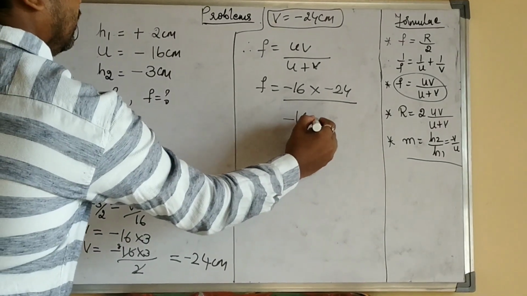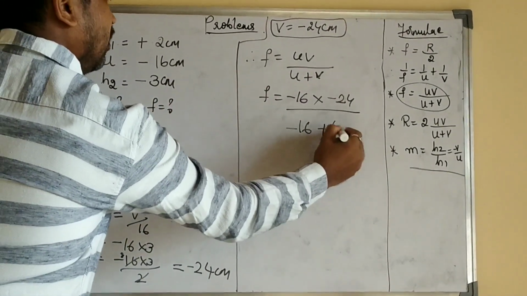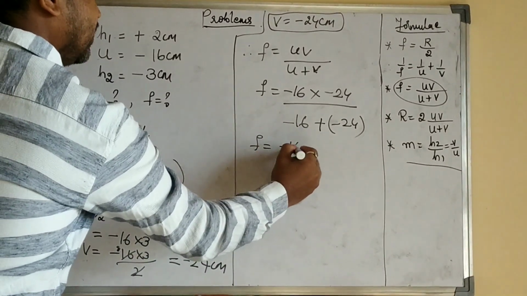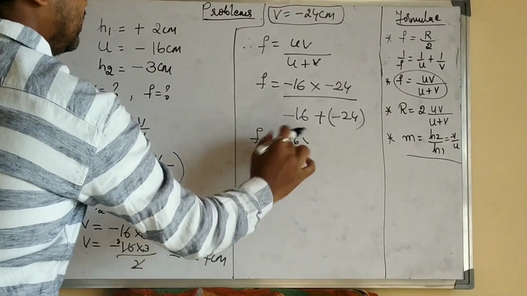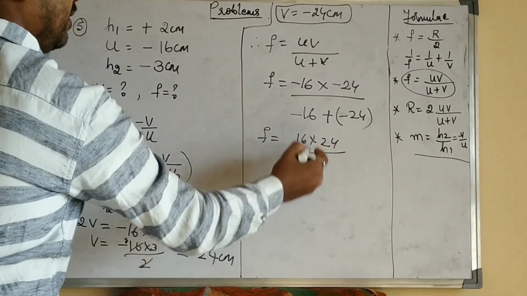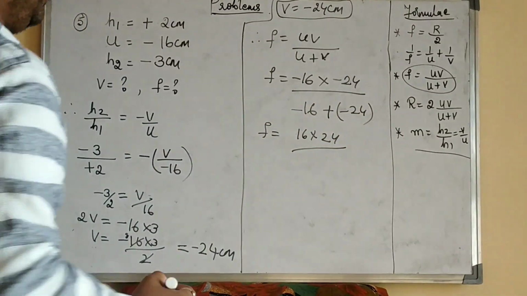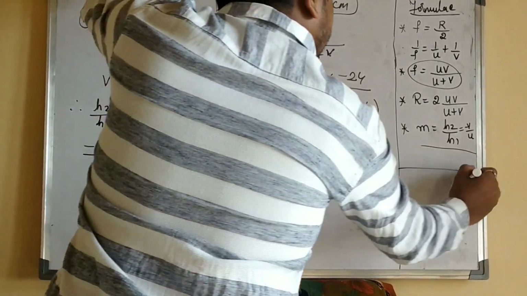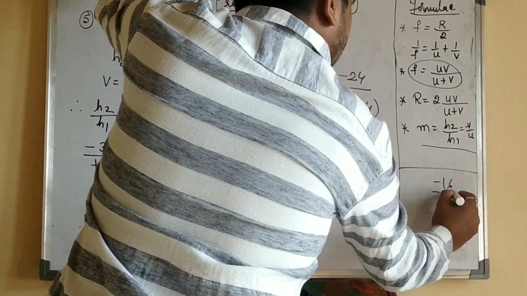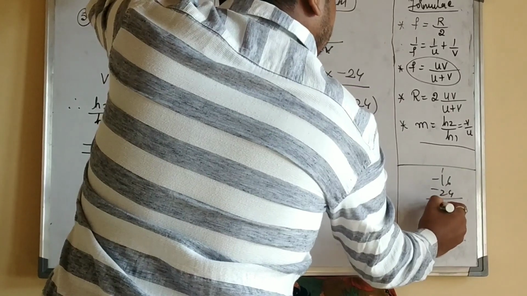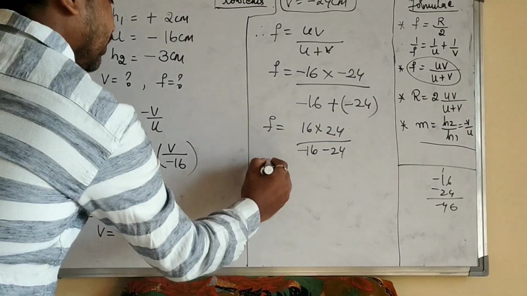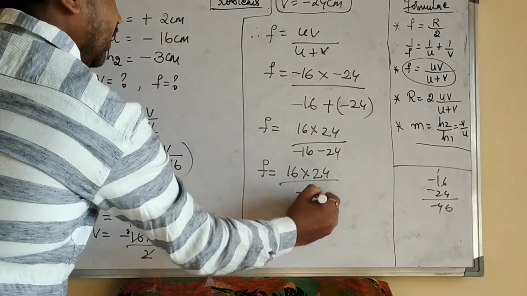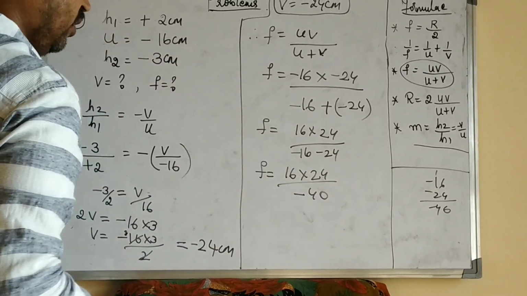Minus 16 plus, what is V? Plus of minus 24. So, you will get F is equal to minus 16 into minus 24, so minus into minus is plus, 16 into 24 divided by minus 16 plus minus 24. So you get minus 16 minus 24. So what do you get? Minus 40. So F is equal to 16 into 24 by minus 40. So what will it go?